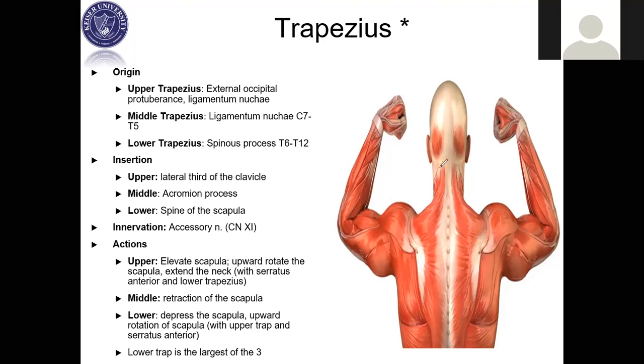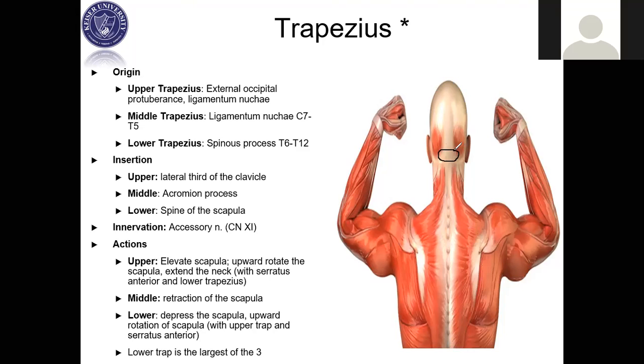So we're going to start with the upper trap. The upper trap, its origin is the external occipital protuberance. It is on the occiput of the head, that bony projection. Again, that's why we need you to know the bony landmarks.